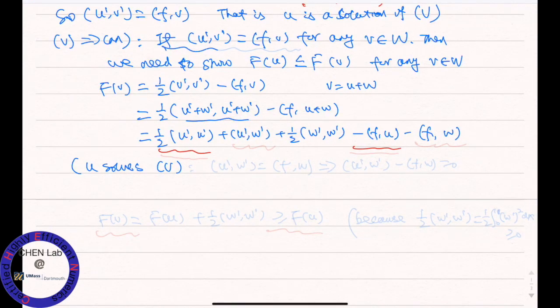So we know that (u', w') is actually equal to (f, w), because that was true for any v. In particular, you take v to be this w, which means (u', w') minus (f, w) is equal to 0. So these two terms are 0.